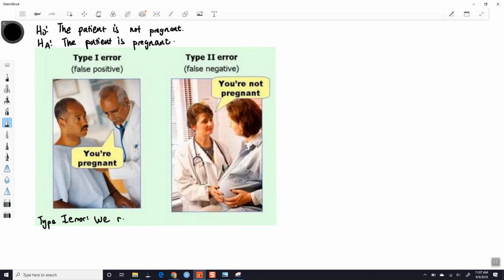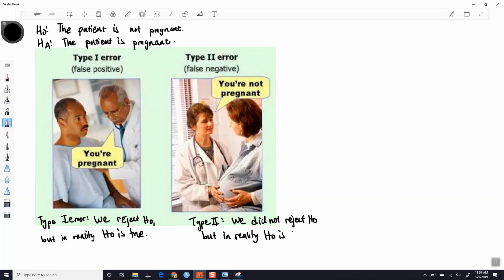We reject the null, but in reality the null is true. And over here, the type 2 error: we did not reject the null, but in reality the null is false.